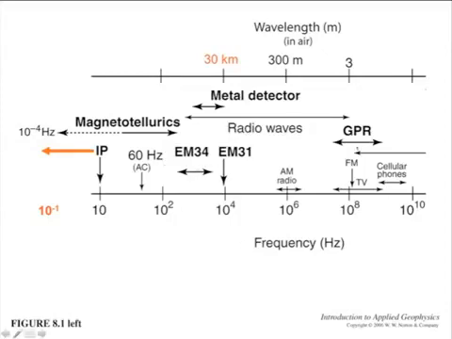All right, at the high end we have ground probing radar (GPR), which is up in the hundreds of megahertz, gigahertz range, and then in the middle, in the audio range, there are these audio magnetotelluric instruments, audio electromagnetic instruments.